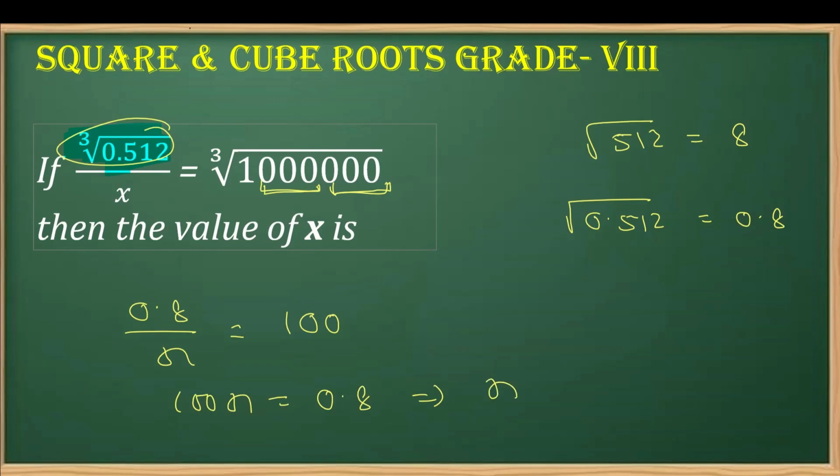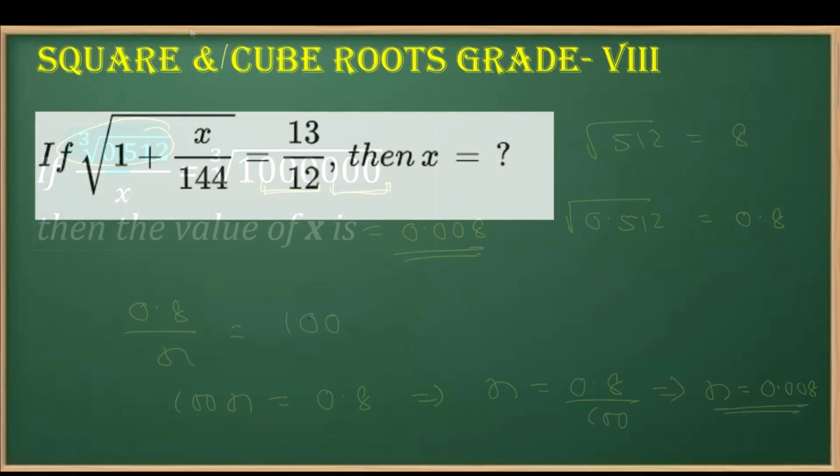Further, we can get the value of x by dividing 0.8 by 100. The decimal will shift 2 places to the left for these 2 zeros, which results in 0.008. So the value of x over here is 0.008. That should be the answer in this case.